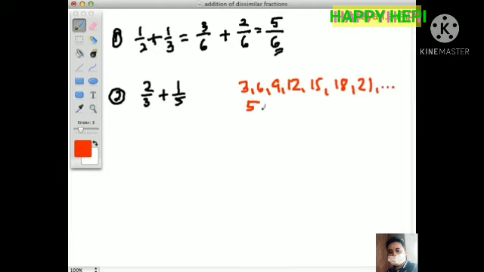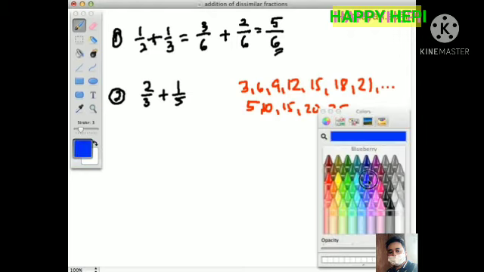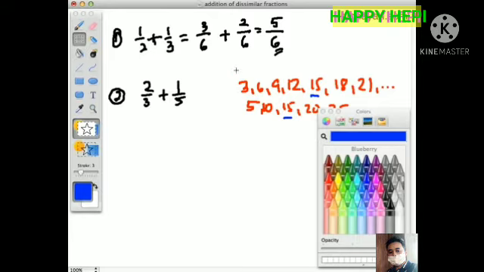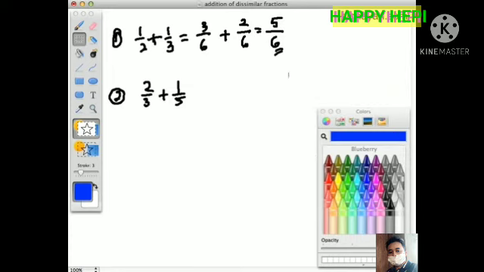Okay, for denominator 5, we have 5, 10, 15, 20, 25, and so on. Okay, so makikita dito sa list natin na 15 ang pinaka least common multiple nila. Therefore, 15 is the LCM of 3 and 5.